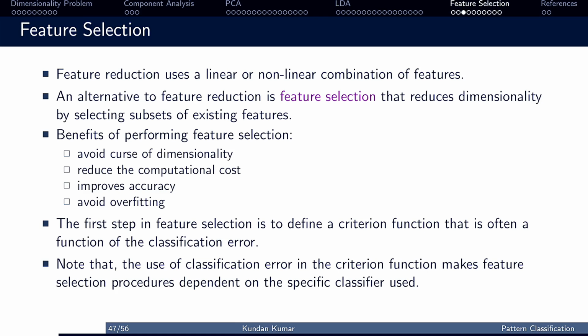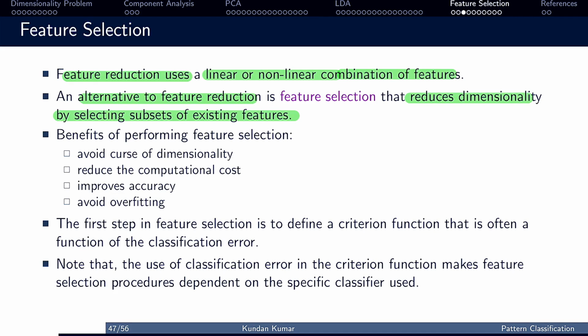So, the feature reduction problem uses a linear or non-linear combination of features. However, feature selection is an alternative to feature reduction that reduces the dimensionality by selecting subsets of existing features.